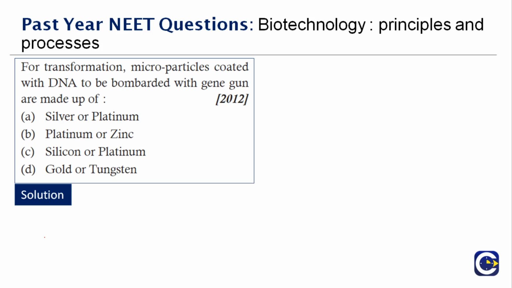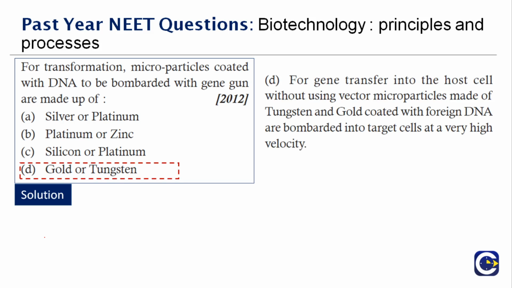For that you will use gold or tungsten. It is made up of tungsten and gold, which is coated with the foreign DNA, and it is bombarded into the target cell at a very high velocity. Therefore, the correct answer is gold or tungsten. We do not use silver, platinum or silicon, but we only use gold or tungsten. The foreign DNA will be coated onto it, and when it is moved with high velocity, it will reach the target cell.